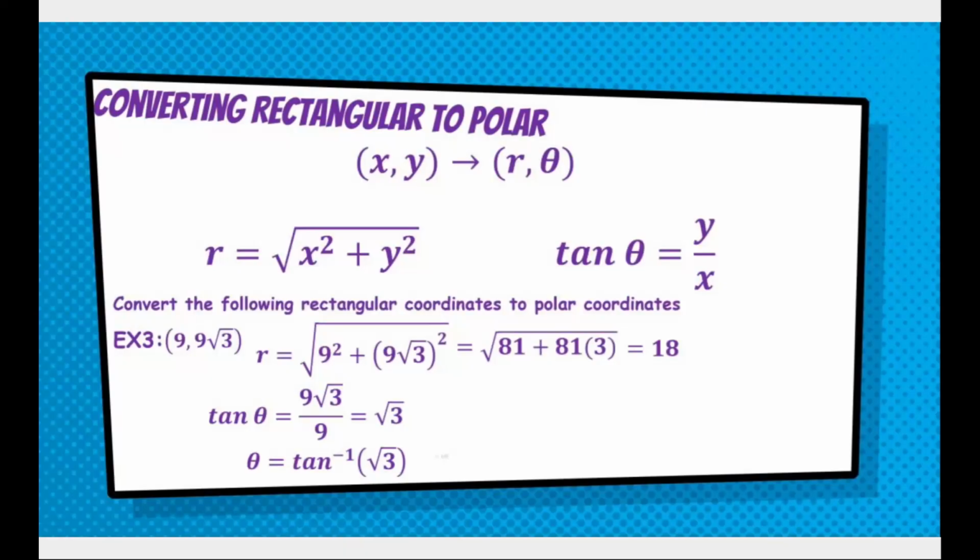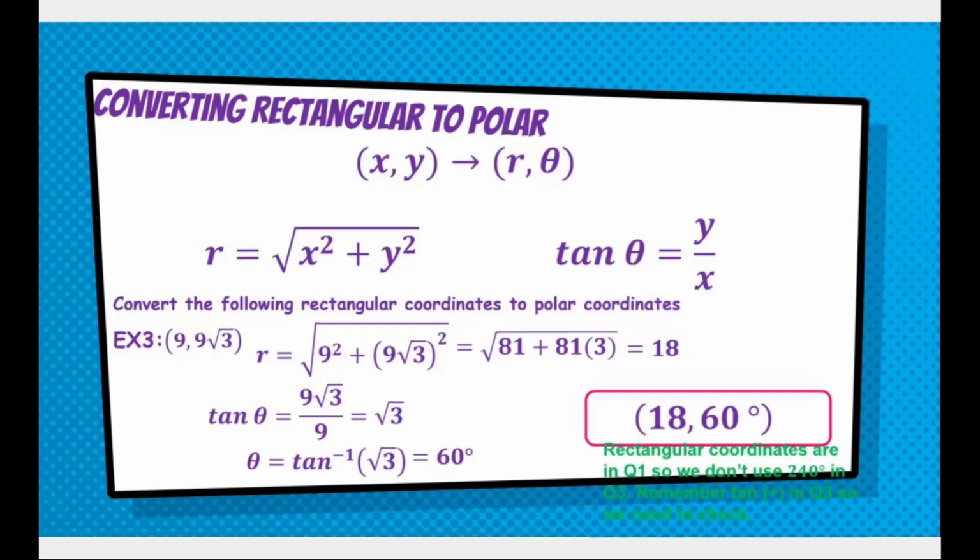Remember, tangent's y over x, so where if I do y divided by x do I get square root of 3 by itself? That would be at 60 degrees. So my polar coordinates converted from this rectangular coordinates would be 18, 60 degrees. Both should be in quadrant 1. If I rotate 60 degrees up from the polar axis and go towards that 18 radii, that's still going to be in quadrant 1.